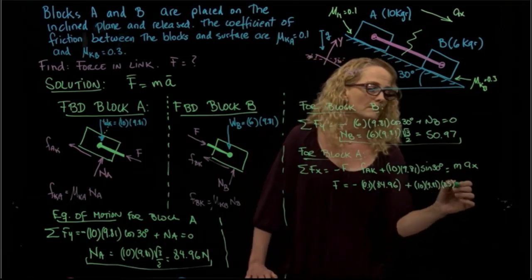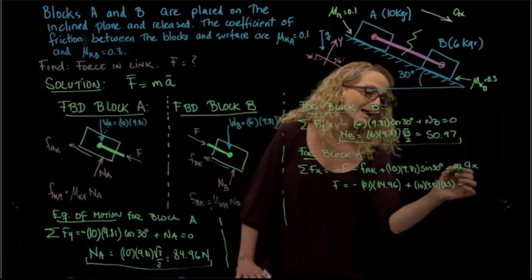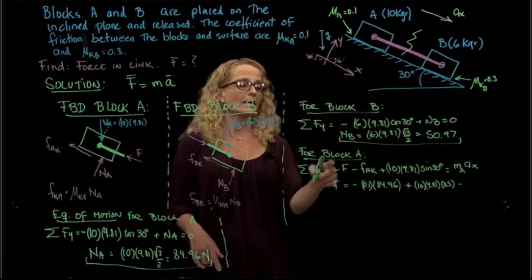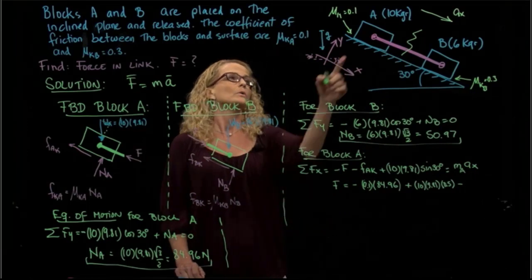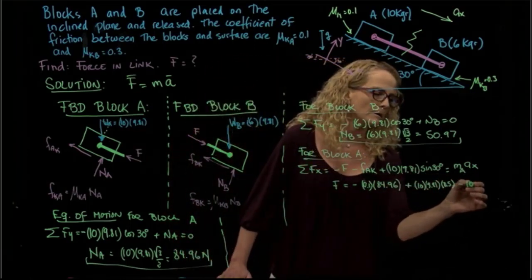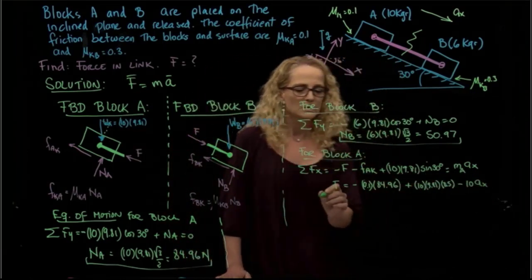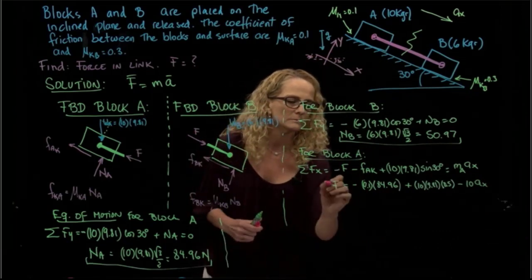And then I have minus mass A. This is the mass of block A. I'm adding forces for A, which is 10 AX. So that's my first equation.